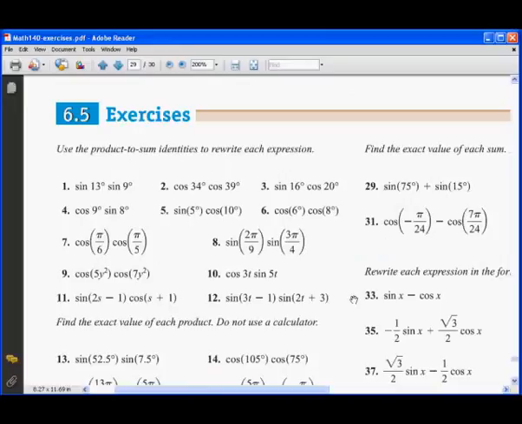Let's go to page 553 and look at problem 8. Use the product to sum identities to rewrite each expression.